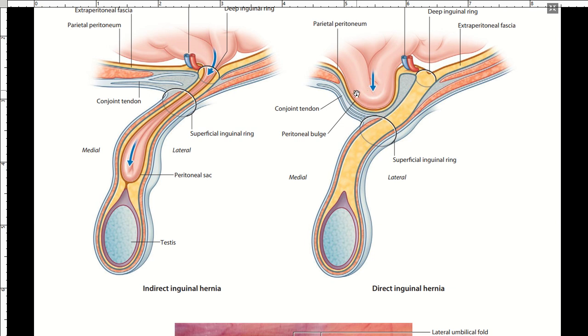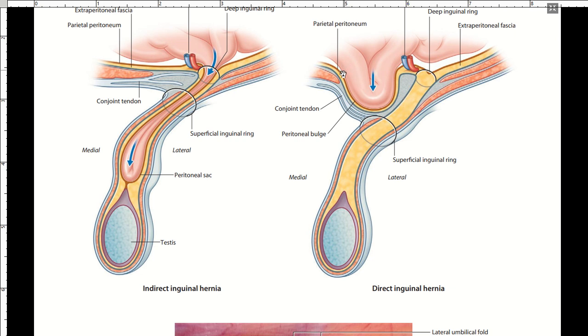So it leaves via the superficial inguinal ring, but not within the inguinal canal. You can actually see, right? So it can continue to grow and grow, and it leaves via the superficial inguinal ring, but not within the inguinal canal. You understand?